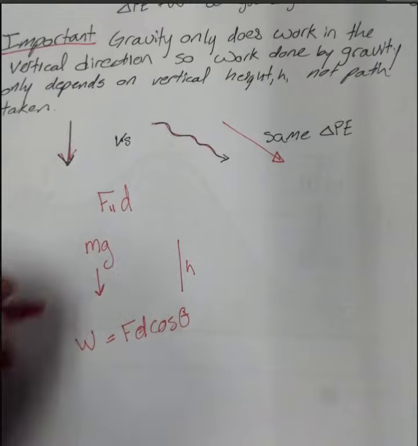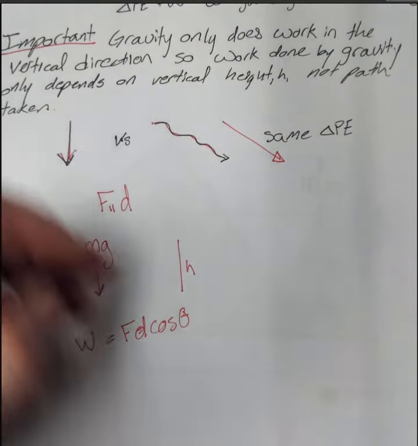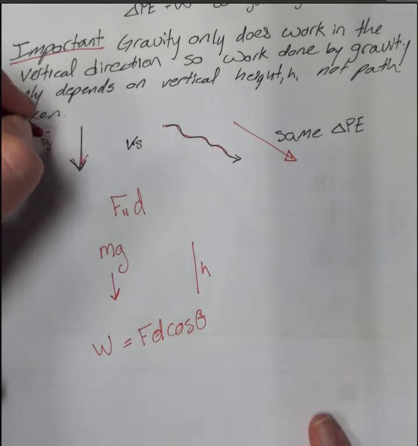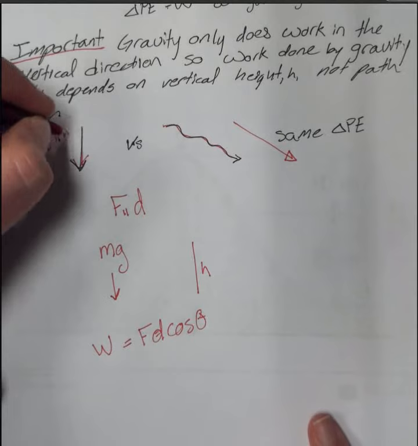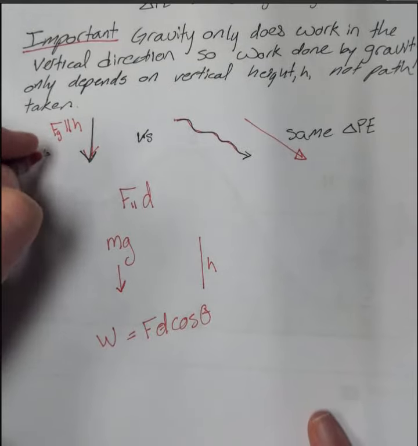So that means that if an object is traveling straight down, the force, and in this case the force of gravity, is parallel to the height, and so that will give you force times height, mgh, will give you the change in potential energy, which will give you the work.